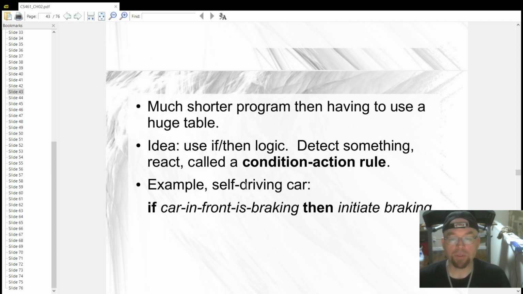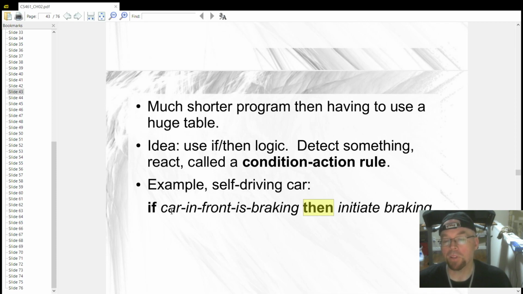So here's an example for a self-driving car. Here's that if-then, and you can do an else if in here also, chaining it together. But it's just, if this is true, then do the other thing. Java has structures like that, C++, C, Python, Lisp, whatever.